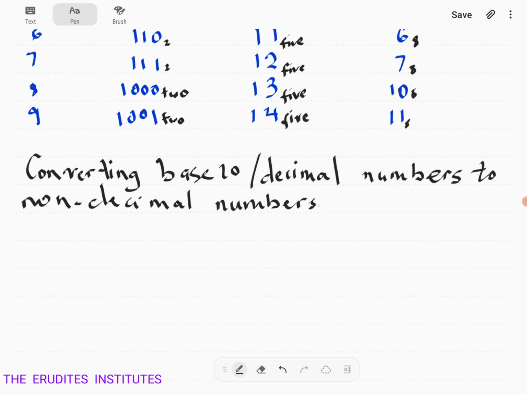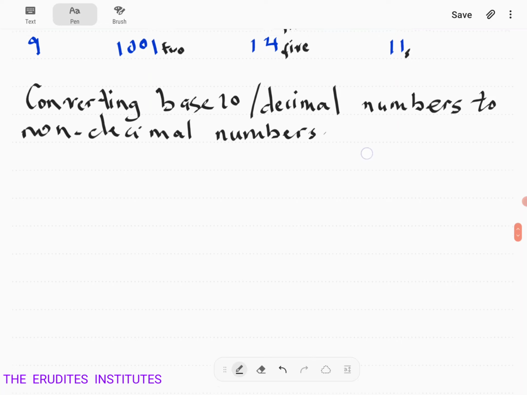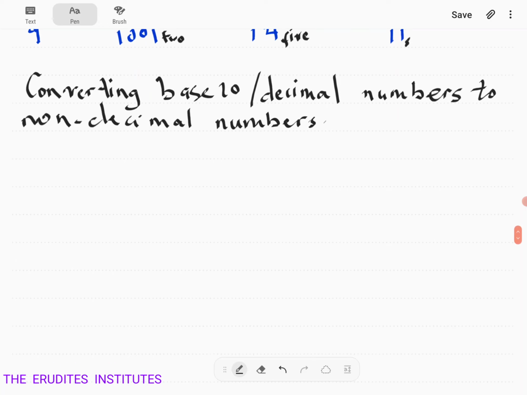When you say non-decimal numbers, it could be a binary number base 2, an octal number base 8, a septenary number base 7, and so on and so forth.